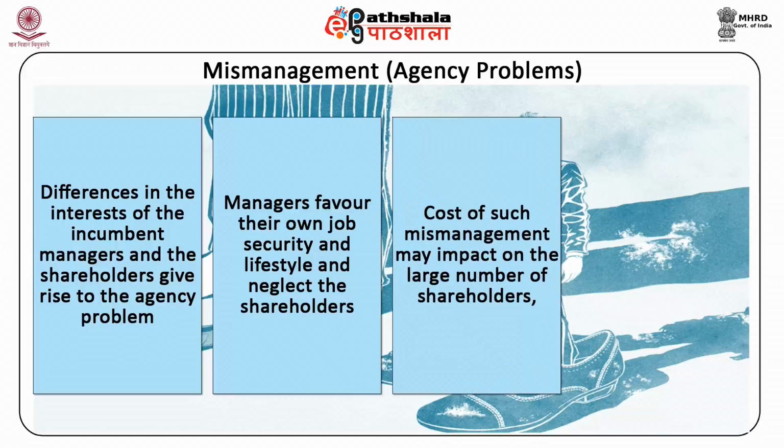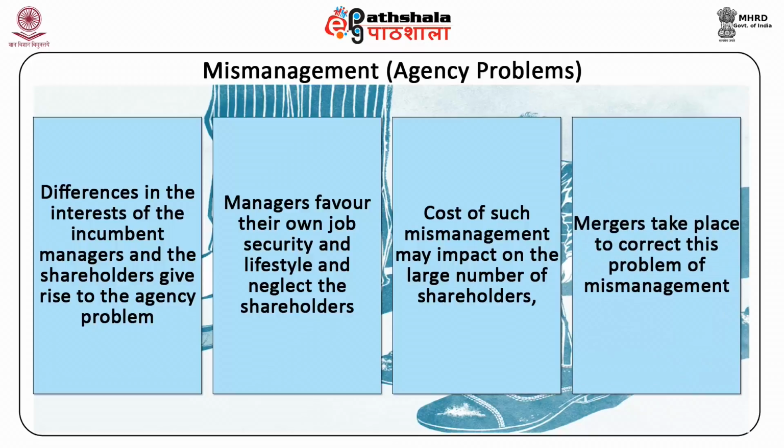The cost of such mismanagement may impact a large number of shareholders, each owning only a small portion of the shares. This enables them to tolerate the impacts of mismanagement for a longer period. Mergers often take place to correct the difference between the managers and the shareholders.